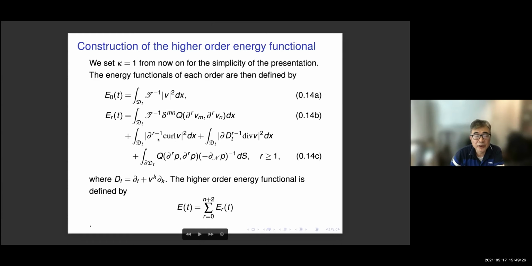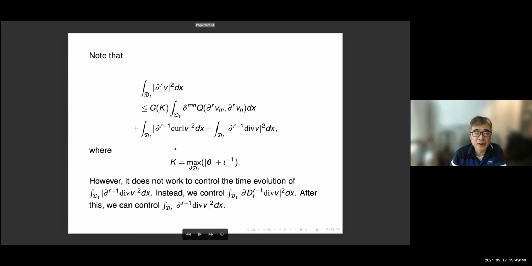This one is really due to the Hodge decomposition, to estimate the high order derivative of the velocity. For the Hodge decomposition without boundary, the L2 norm of the derivative is controlled by the curl and the divergence.